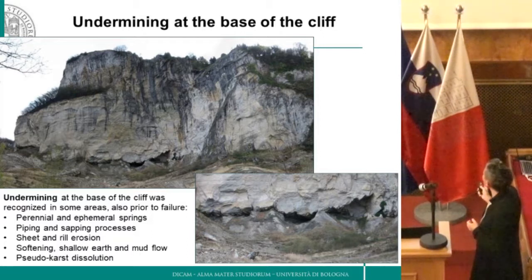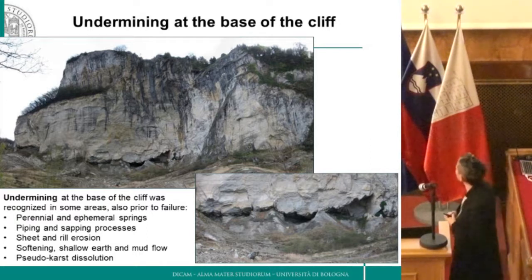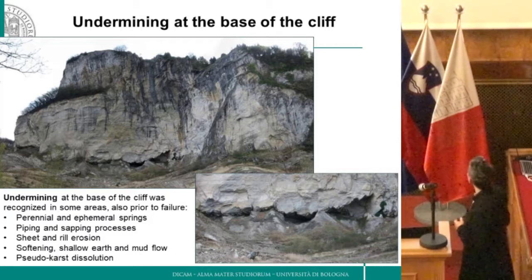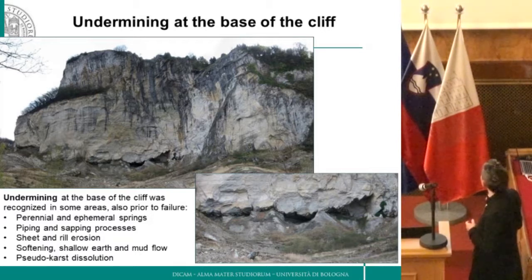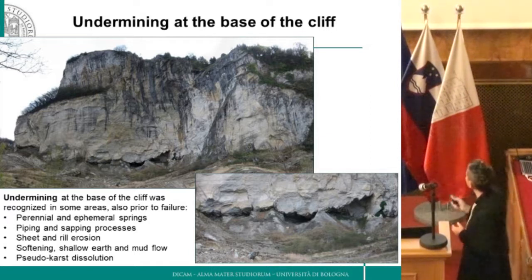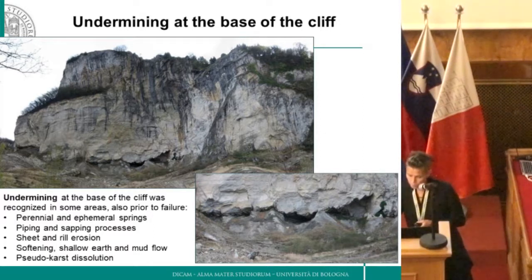In particular, at the base of the cliff, undermining was recognized. And some springs, both perennial and also ephemeral, were recognized, together with the piping processes at the bottom, sheet and rill erosion, and softening of all the clay shales at the bottom, together with some sort of pseudokarst dissolution features.